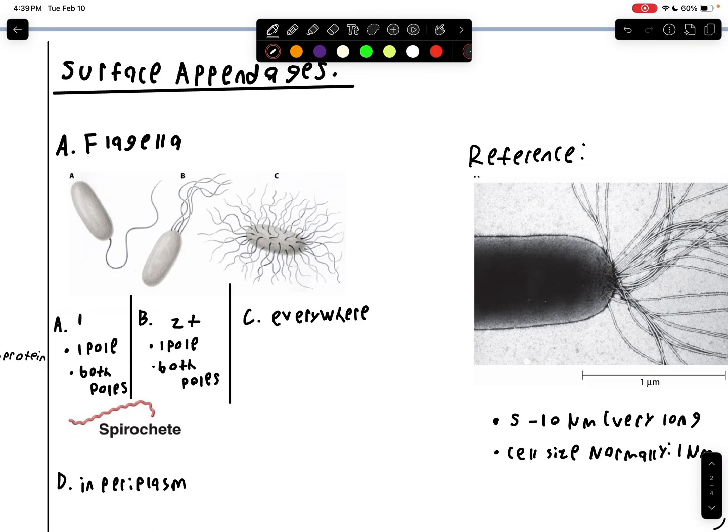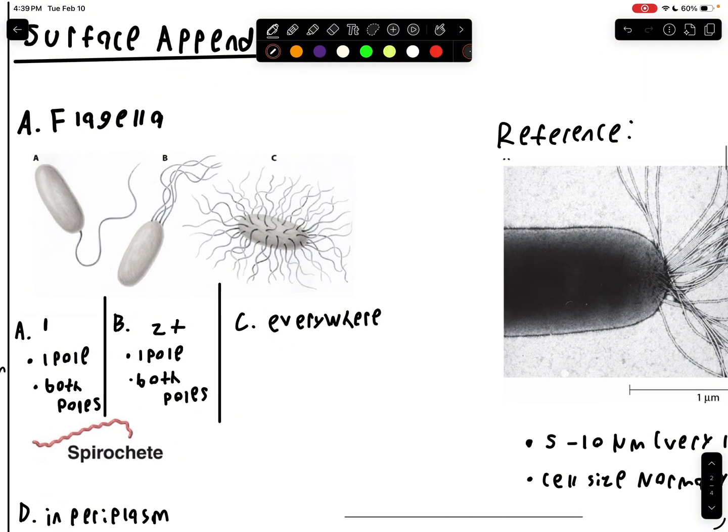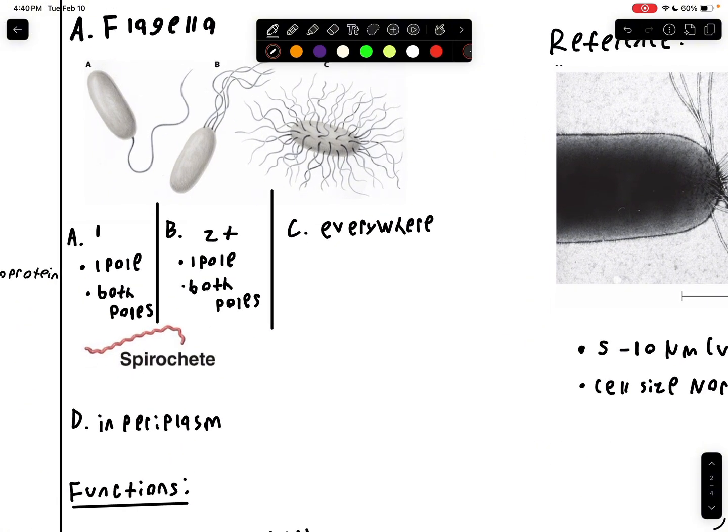And they are what we call appendages. So the first thing is the flagella. So as you can see in this diagram, you can have one flagellum, so just one of these guys. You can have a ton of them. You can have way more of them, but they fall into 4 categories.